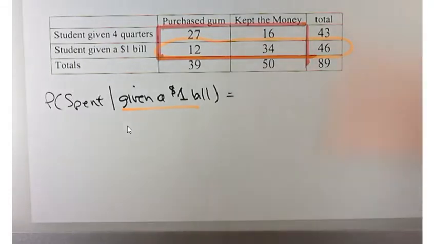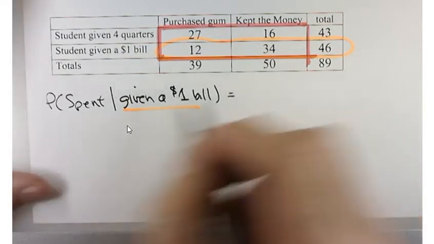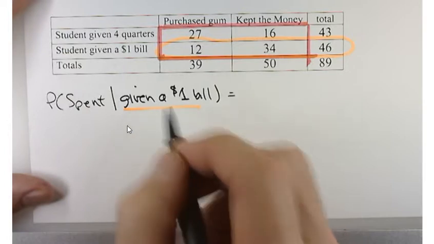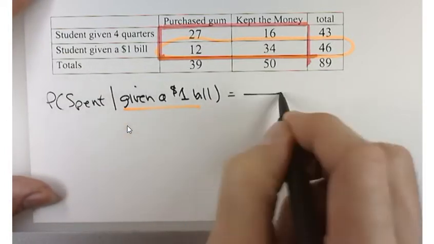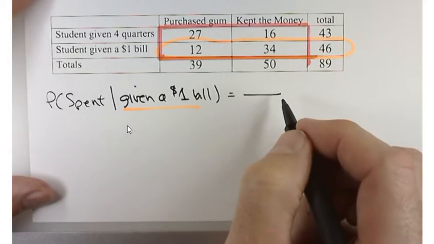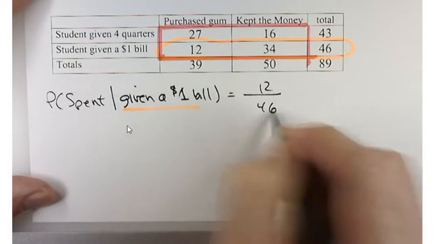Not looking at all 89 kids in this experiment. We're just looking at those given a dollar bill. So what's the probability that they spent it amongst those people who were given a dollar bill? Go ahead. Yeah, 12 over 46.